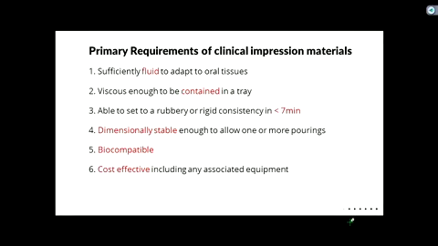With alginate, what do you think the dimensional stability of that is? Poor, right, because it's water-based. It's a hydrocolloid, whereas a PVS is a polyvinyl siloxane, an elastomeric polymer that is dimensionally stable over a long period of time.